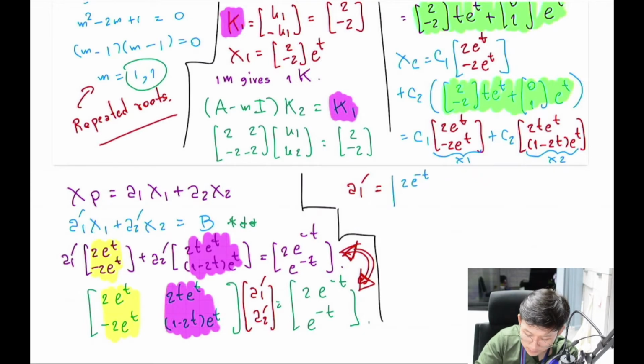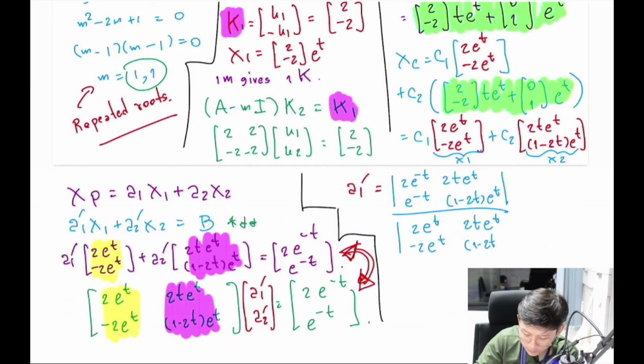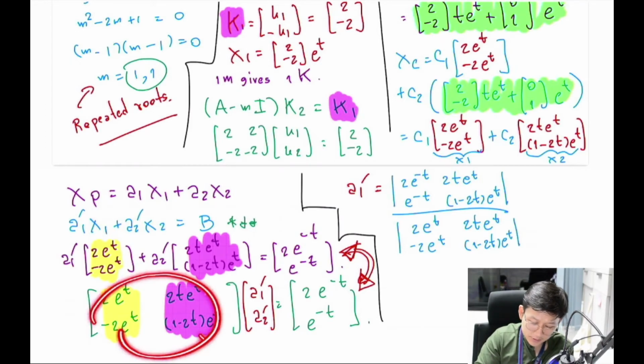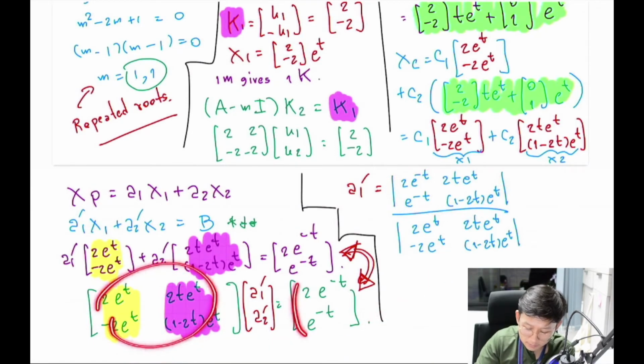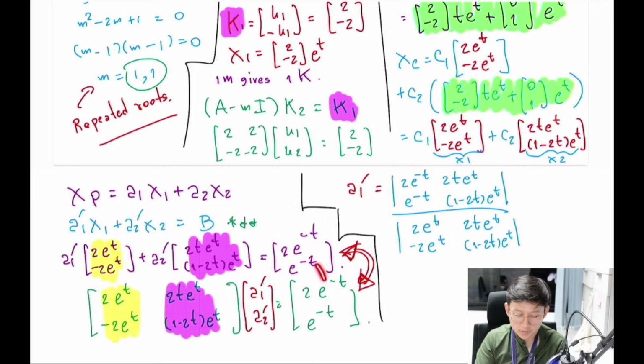The matrix with columns (2e^(-t), e^(-t)) and (2t e^t, (1 - 2t) e^t), divided by the matrix with columns (2e^t, -2e^t) and (2t e^t, (1 - 2t) e^t). Okay, this is actually here, and this one is this one, but replace the first column by this.